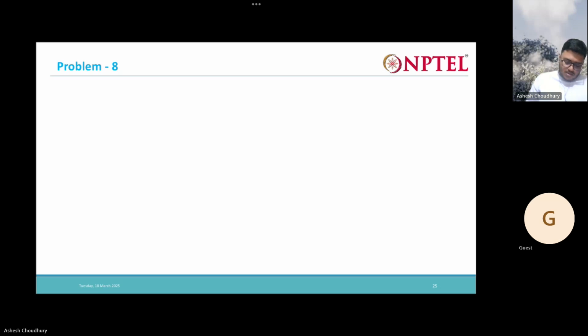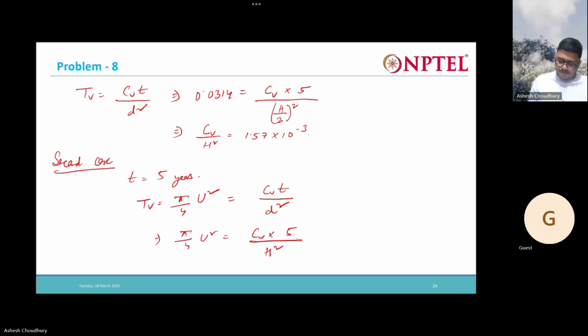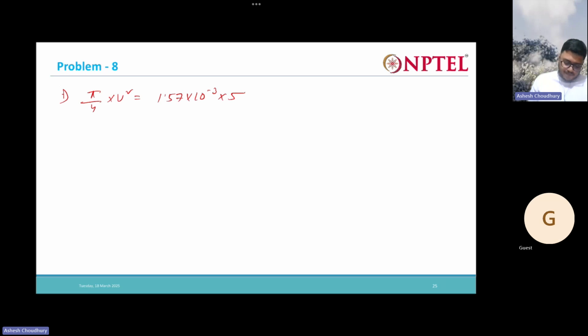So I can write pi by 4 into U square is equal to CV by H square, which I replaced by 1.57 into 10 to the power minus 3 into 5.